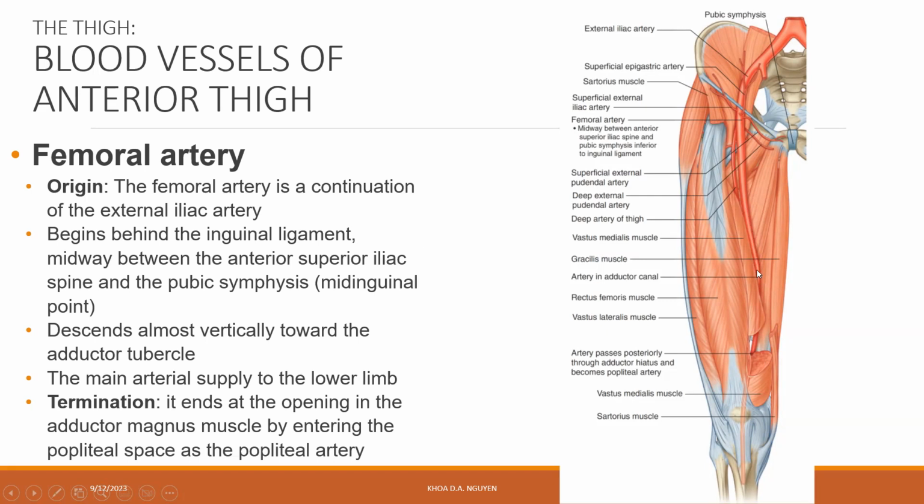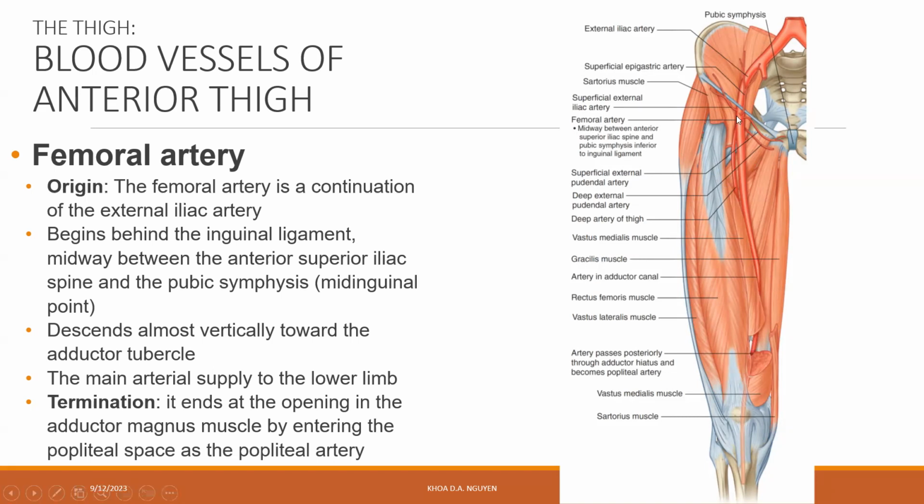This is the path where it runs in the adductor canal before it goes through this hole right here, the adductor hiatus. The adductor hiatus is going to make the femoral artery go through it, and when it goes through it, the femoral artery is going to change from the anterior to the posterior surface of the thigh and enter the popliteal fossa that is on the posterior side. And when it does that, it changes name again to the popliteal artery.